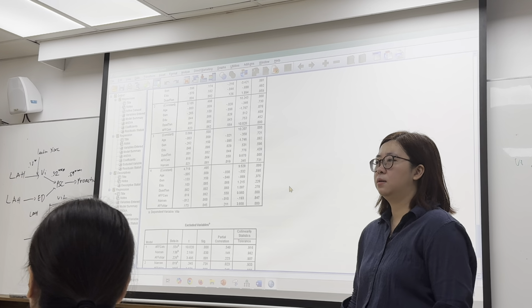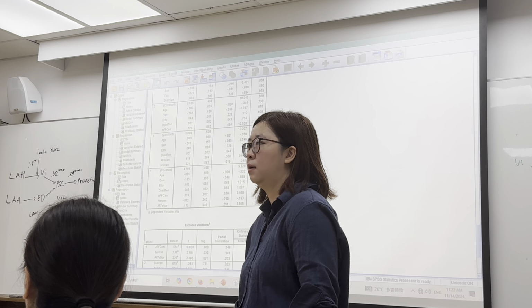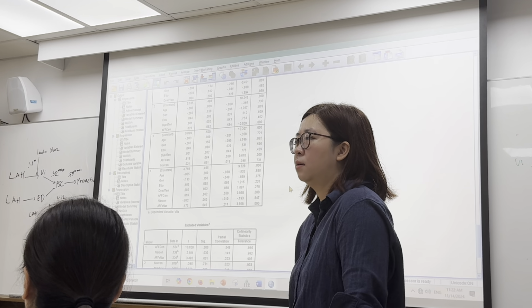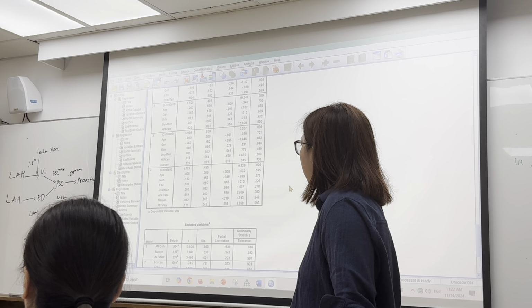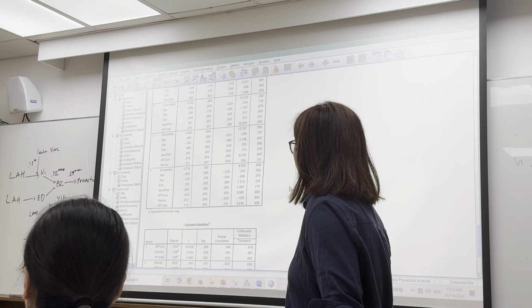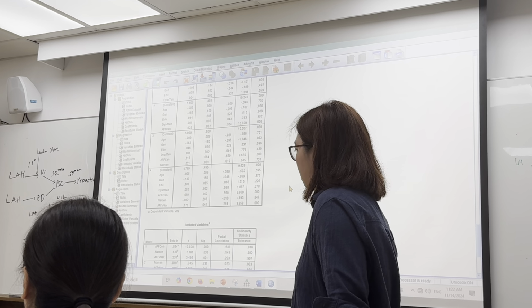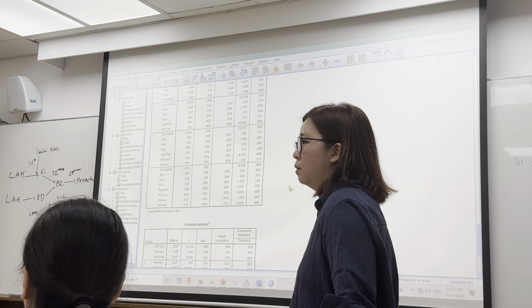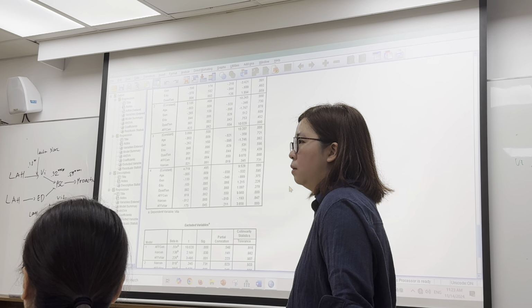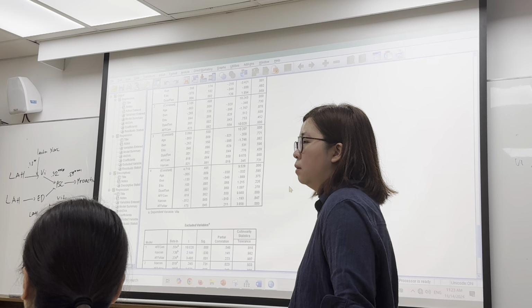Yes? Why do we use the significant change in the summary table but not the significance in the ANOVA table? We have two kinds of significance. In the summary table, we have one significant change, and in the ANOVA, we have a significance level as well for the whole model. So why don't we use the significance value in the ANOVA?